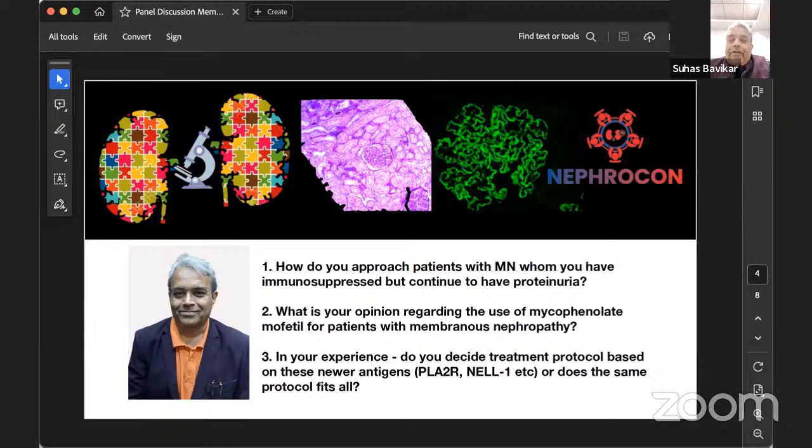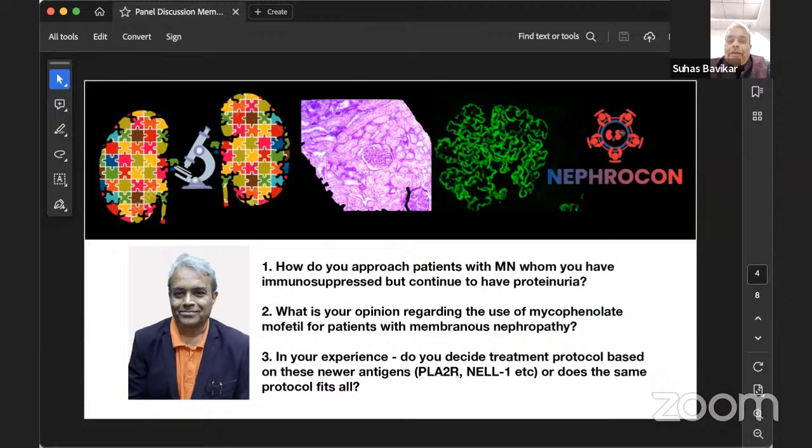All these 7 drugs are at our disposal as antiproteinuria cocktail. So immunosuppression, keep on increasing the dose, is not a good practice.